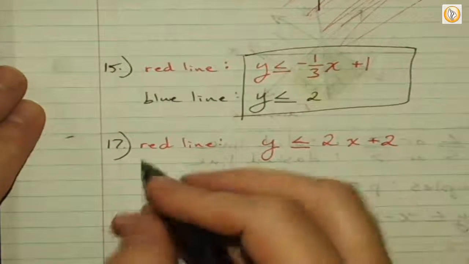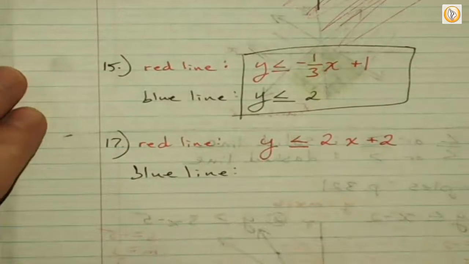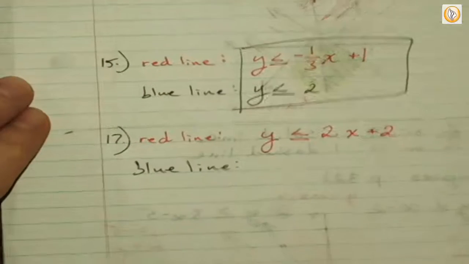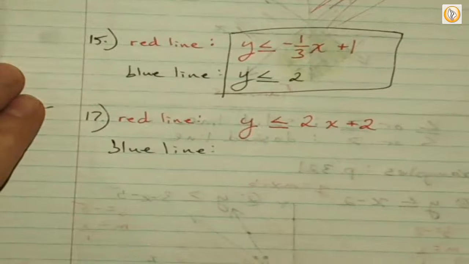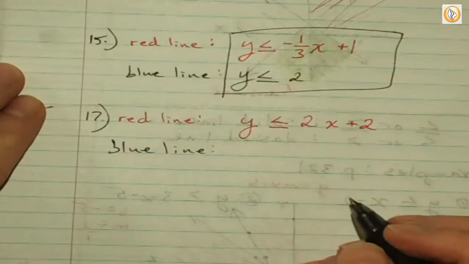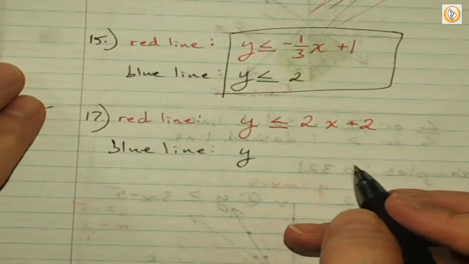Okay. Blue line. All right, blue line. Now, let's see. Sophia, is it solid or dashed? Okay, and is it shaded above or below?